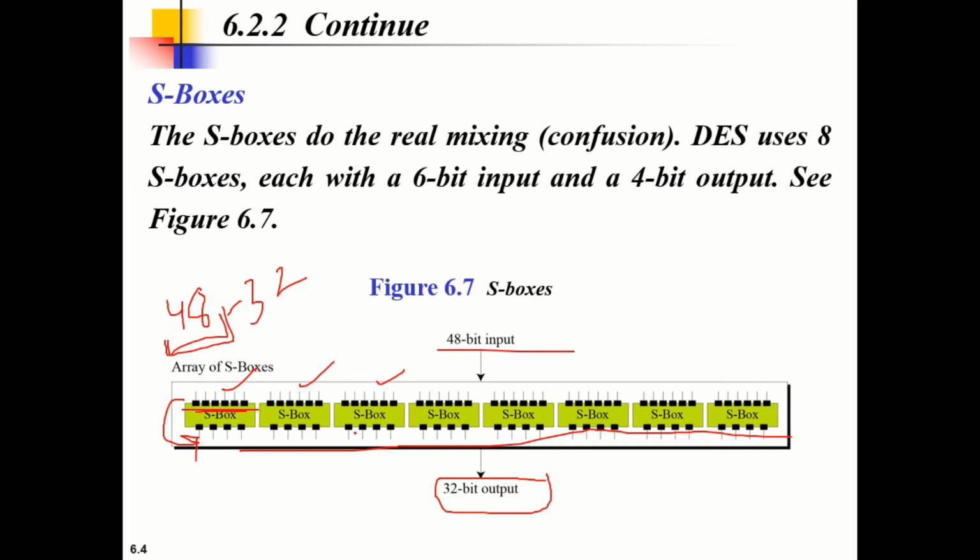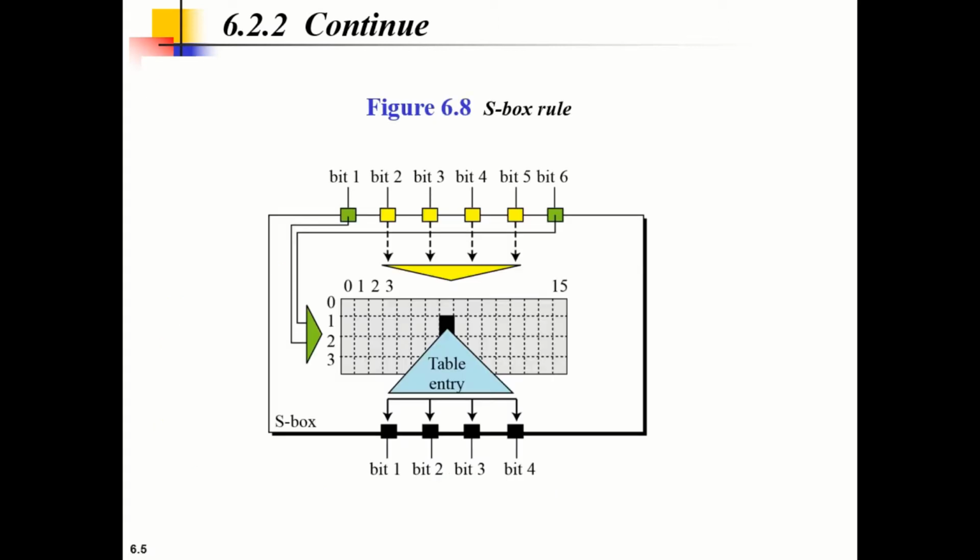For this purpose we have a dedicated table for each and every S box. So in total we'll have 8 tables, one for each S box, and we will make use of that table to convert each 6-bit block into a 4-bit block. Now we'll see how we use that table for this conversion. That is how we make use of the S box rule to convert these 6 bits into 4 bits.